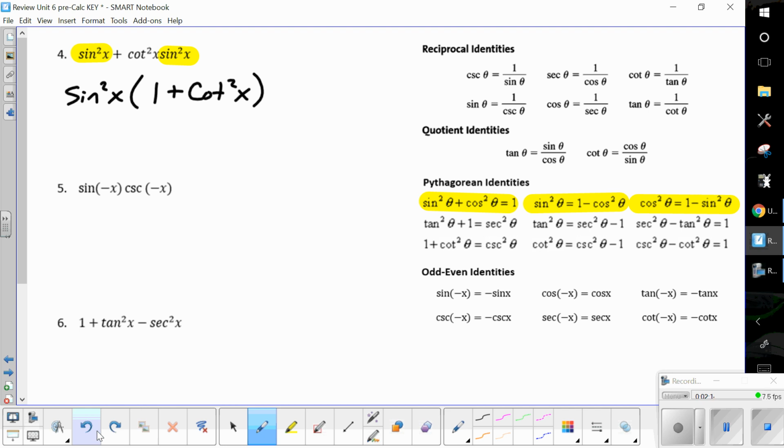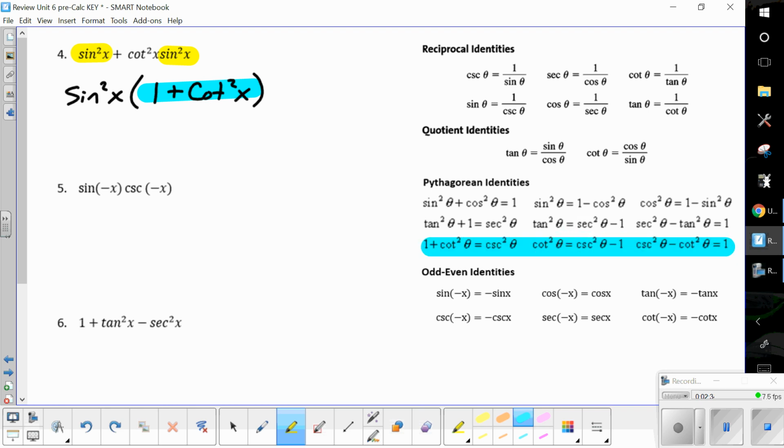Now, I don't want one of these that has sine or cosine in it. I want one that has cotangent in it. So my next goal is, I notice right here, 1 plus cotangent squared. I'm going to look at my table, and I notice the bottom row has cotangent in it.